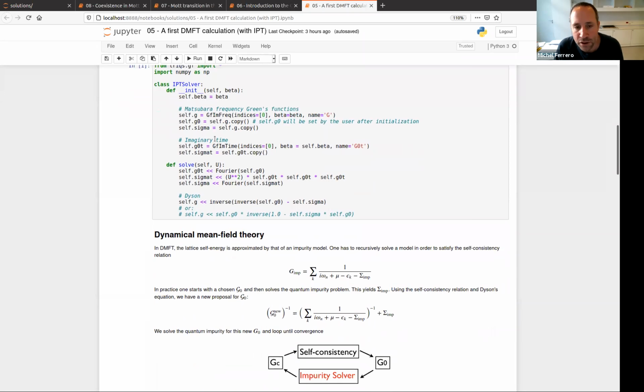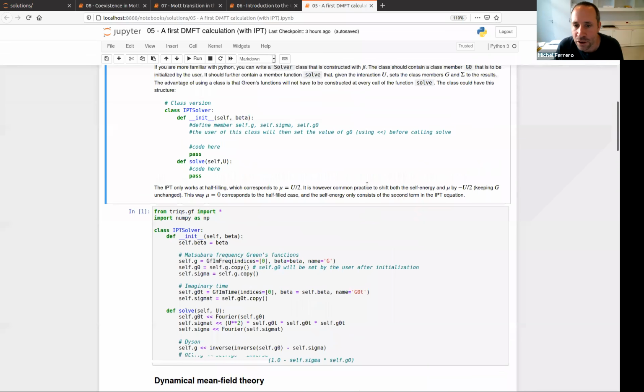Then I suppose that the user gives me a G0, and then I solve the problem. Those are the exact same 3 steps as we've seen just before. I Fourier transform the G0 that was provided by the user into a G0 of t. This is used to compute G0 of t to the power 3 times U squared.